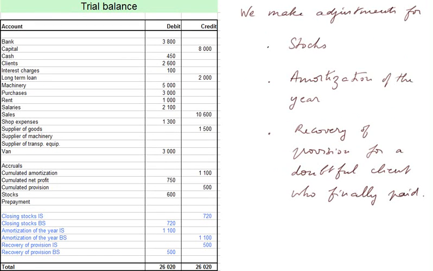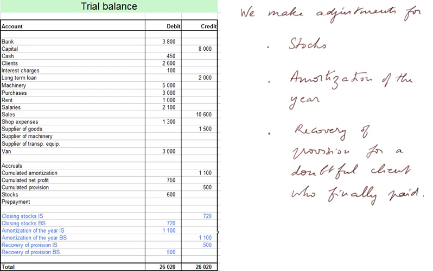So we make the following adjustments for stocks. Ending stock, we saw them, 720, 720. That's in credit in the EIS. It will correct the purchases and opening stocks. Then adjustment for amortization of the year, another 1,100, 1,100, you remember, in the EIS and in the BS.